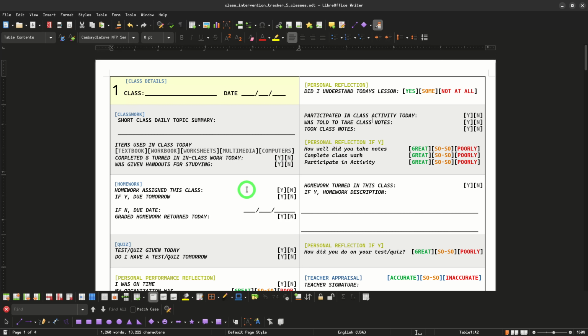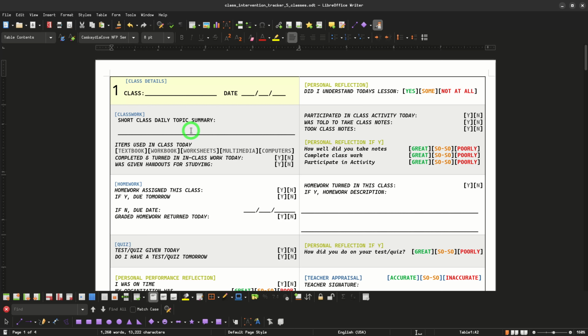But anyhow, this is very simple. The child would write, first period, the class name and the date. Underneath the classwork section, this entire row is focusing on classwork. Short class topic summary. A simple couple of sentences, or a couple of words or a statement.